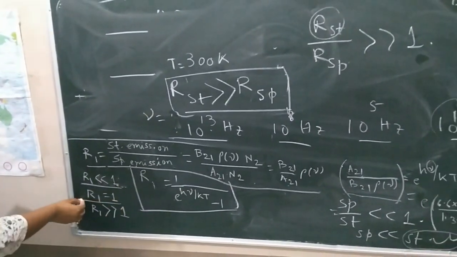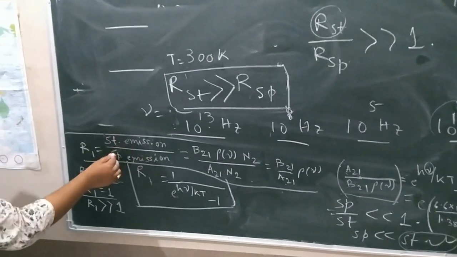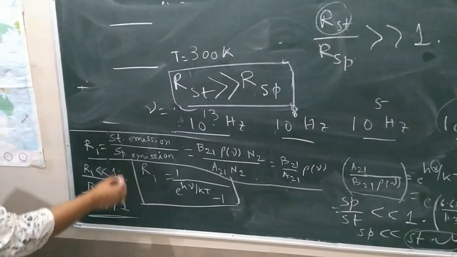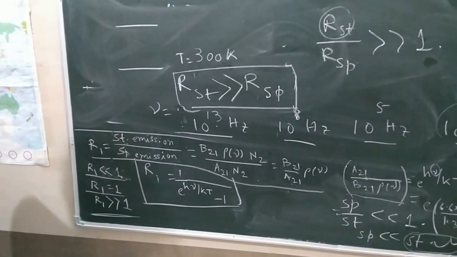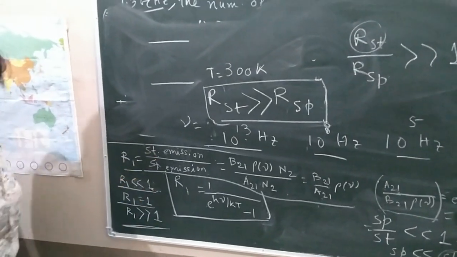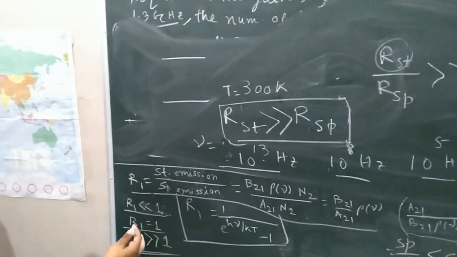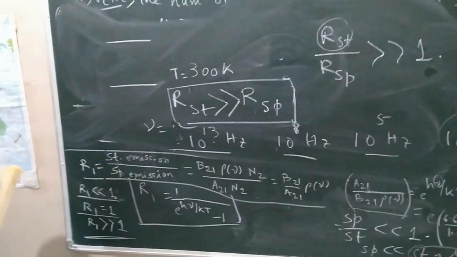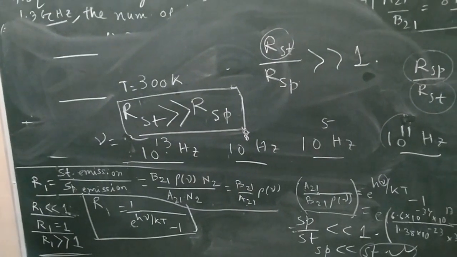If it equals 1, that means thermal equilibrium, that is stimulated emission equals spontaneous emission, and if it is greater than 1, then spontaneous emission will be greater than the stimulated emission. So the questions will tell you which one will dominate over which, and you have to calculate or find out the frequencies.